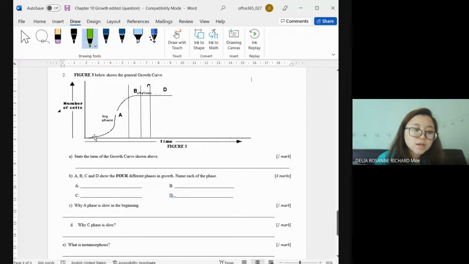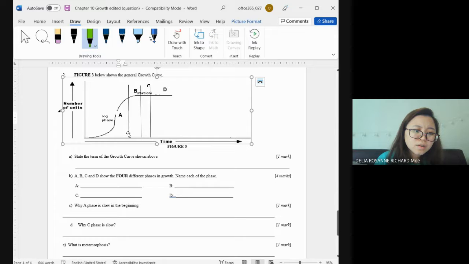Okay, so it has a log phase. Ih, who made this diagram? How stupid is this diagram.